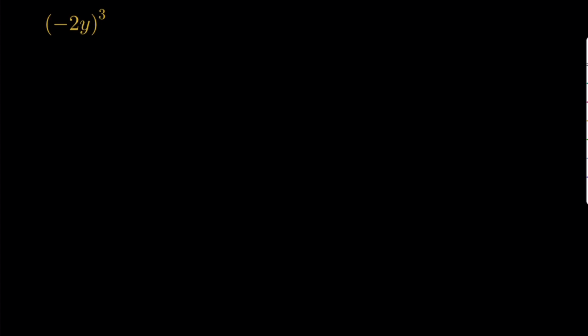Question number 5, we have negative 2y, and it is surrounded by a bracket, and it is to the power of 3. This means that whatever's in the bracket is being timesed 3 times. So if I were to rewrite this to get rid of the bracket, it will look like negative 2y times negative 2y times negative 2y.